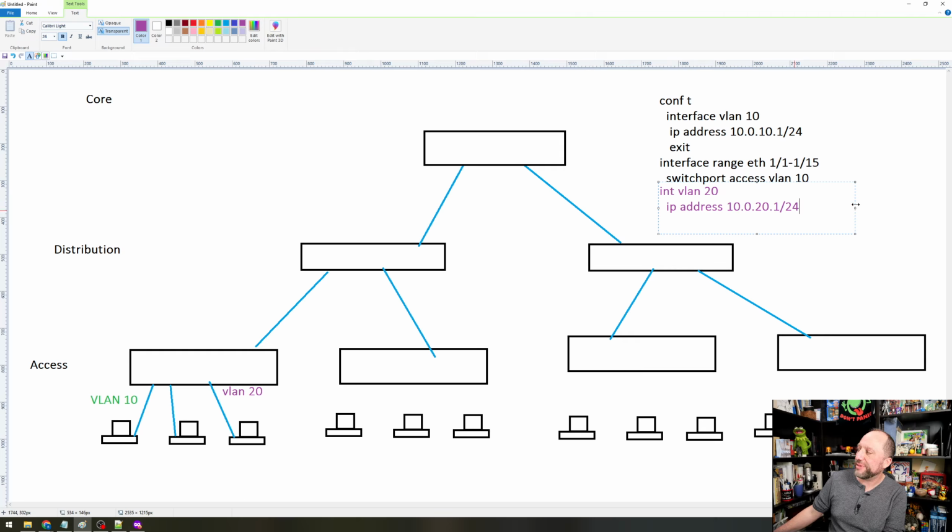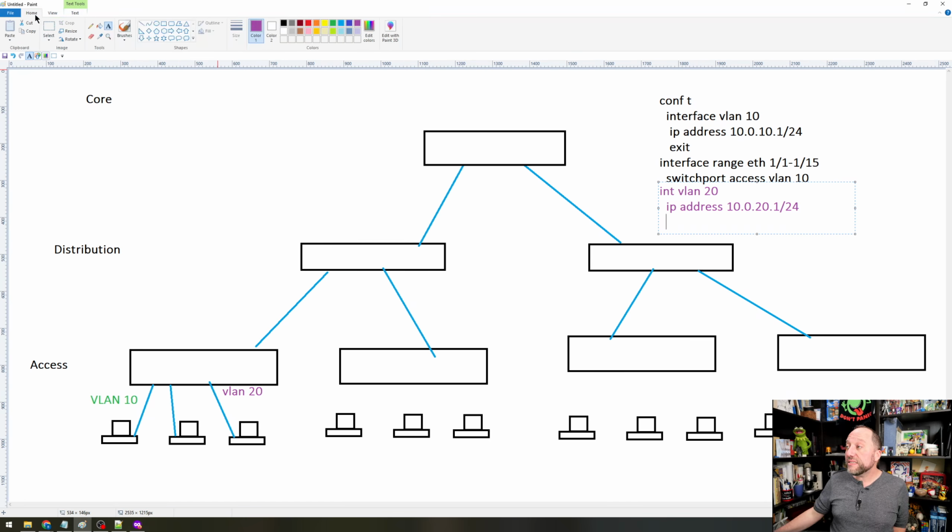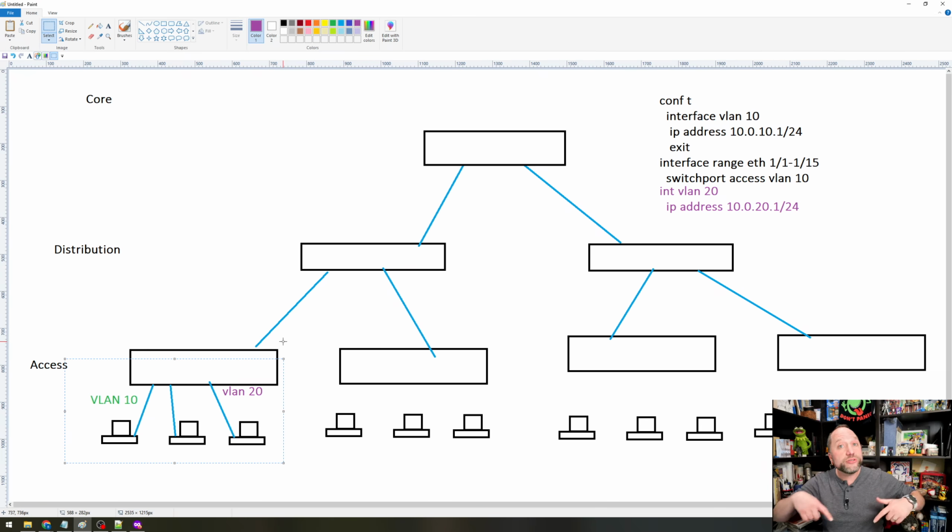Third octet doesn't have to match the VLAN number or anything. It's just often convenient. And then go and put whatever ports on there. Now when these computers want to talk between each other in VLAN 10 and 20, they go to their default gateway. And if this is a layer 3 switch, we just route between the VLANs. VLAN routing between the VLANs.